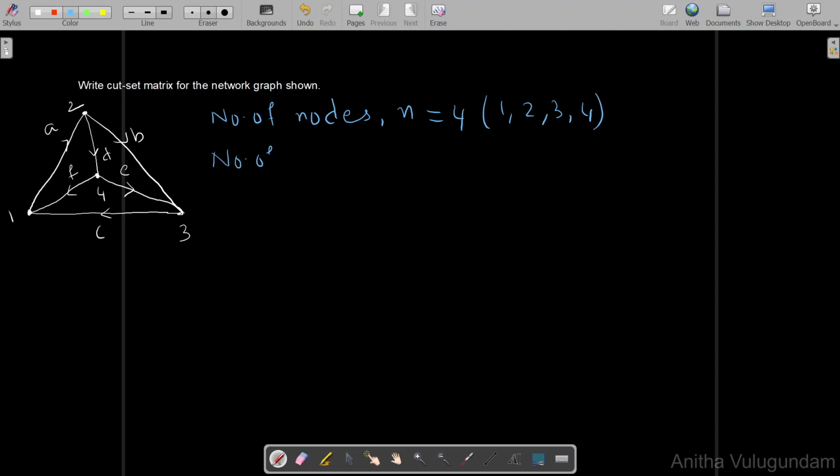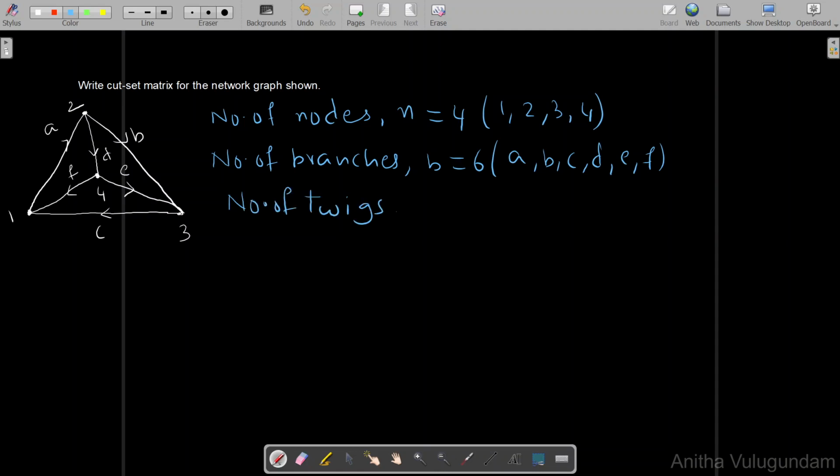Number of branches in the network graph, let me show you the branches A, B, C, D, E, F. So number of branches equal to 6.